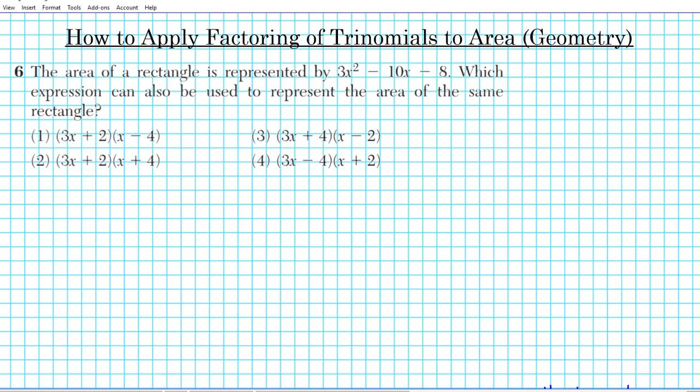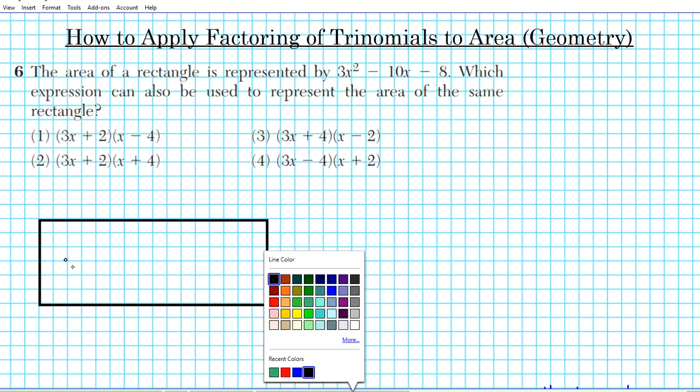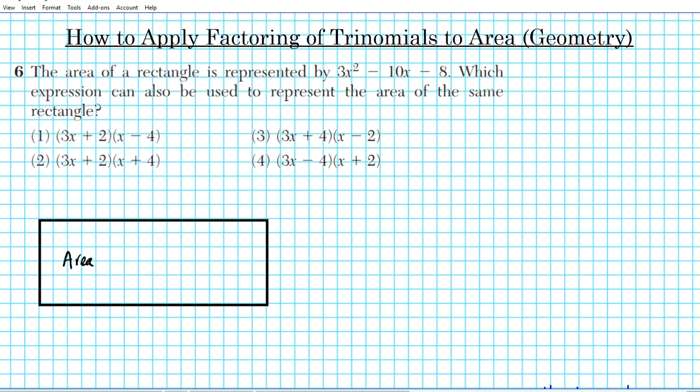Okay, so let's just give ourselves a visual representation of what's going on here. So we have a rectangle, and the area is given by the expression 3x squared minus 10x minus 8.